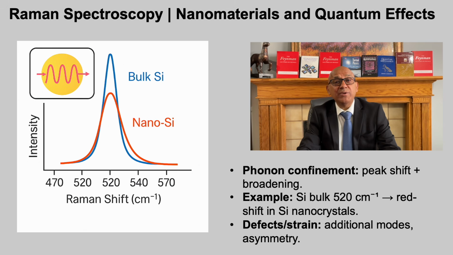Similar effects appear in zinc oxide, titanium dioxide, or graphene, where strain, edge, disorder, and defects modify phonon energies. By analyzing these spectral changes, we can estimate crystallite size, strain, and disorder in nanostructures non-destructively.